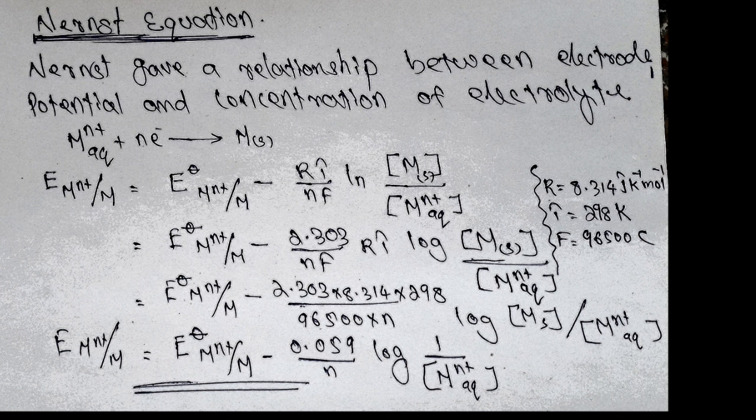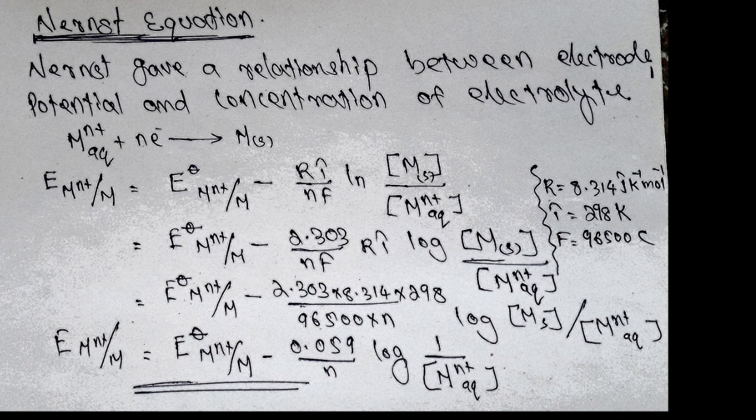Okay, so this is the equation for the Nernst equation. E(Mn+/M) equals E0(Mn+/M) minus RT by nF ln concentration of M divided by concentration of Mn+ in aqueous solution.